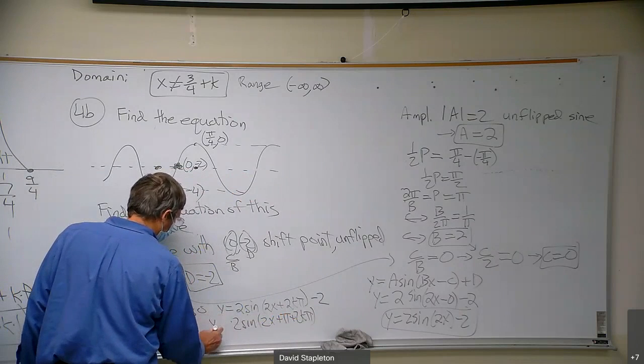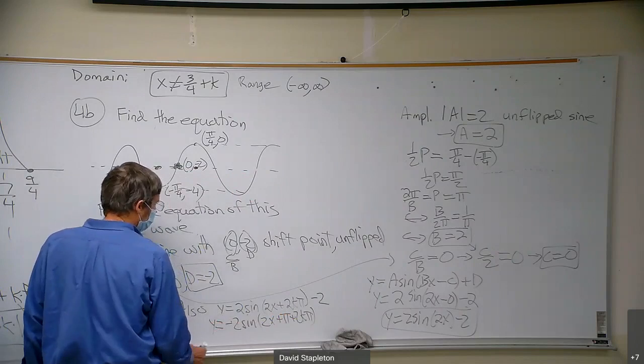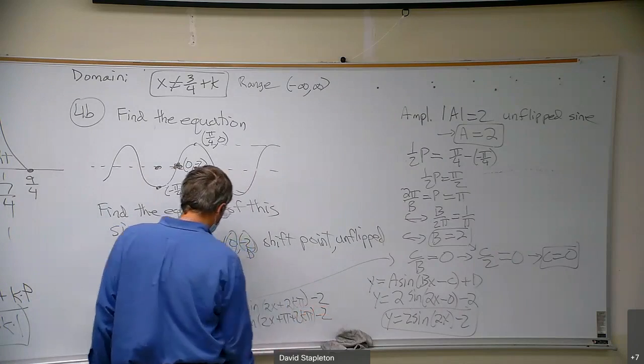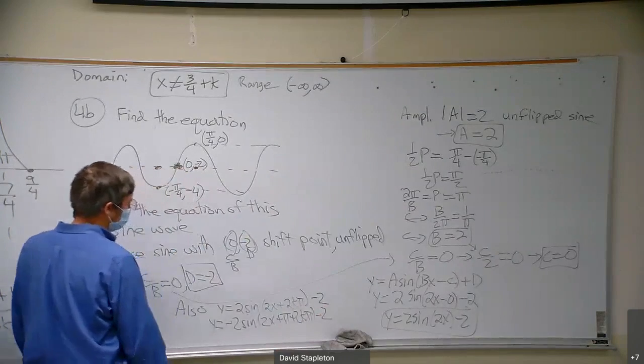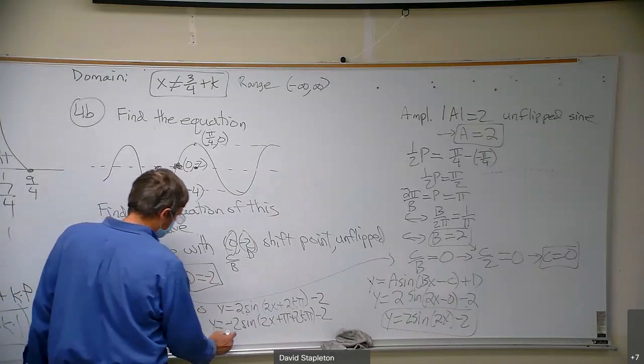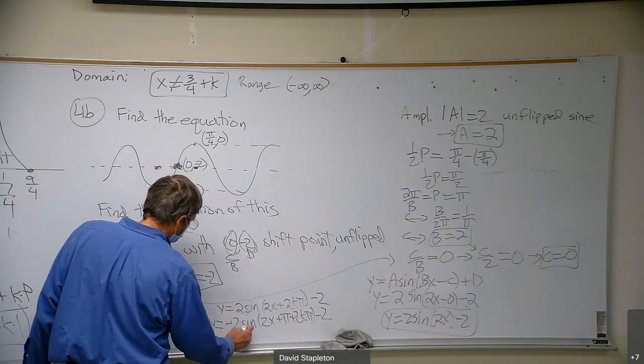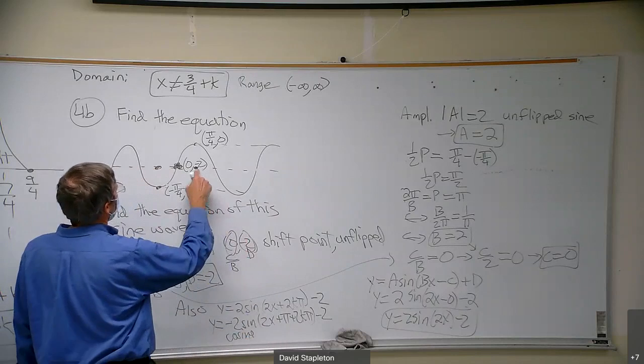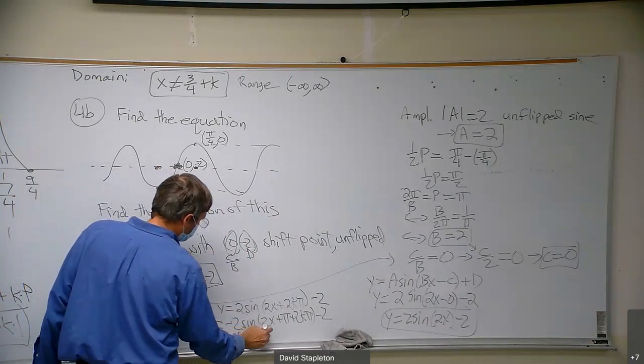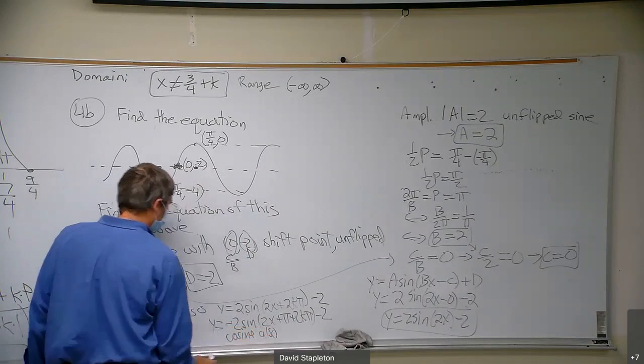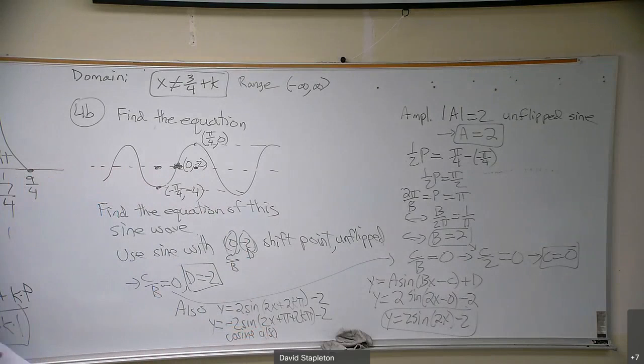So I'll shift it half a period and flip it upside down at minus 2. Or you could use cosine. Let's not do cosine also, but if you would have picked one of these 2 points, you'd have a cosine. And your answer could still be right.